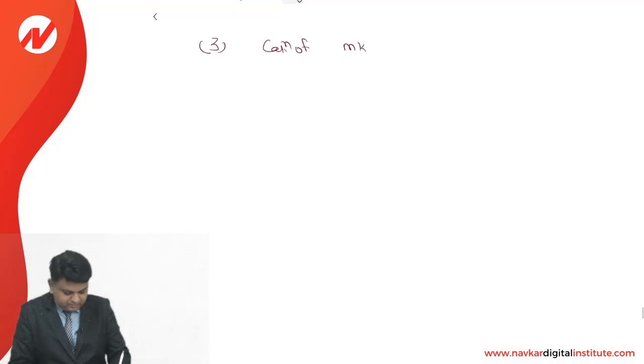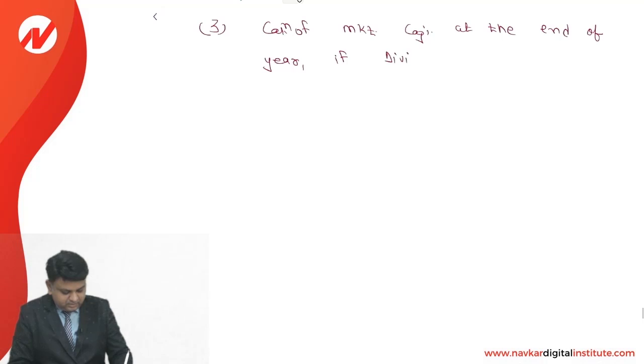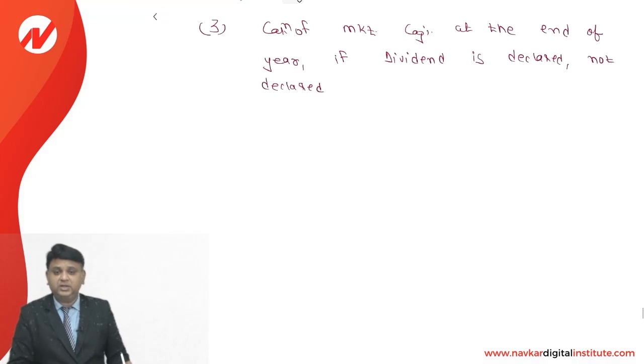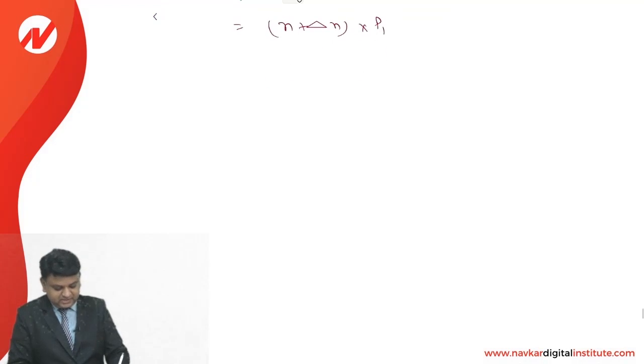Calculation of market capitalization at the end of year, if dividend is declared, not declared. So let us see how to make the calculation of answer. It's very simple. N plus delta N, that is change in the number of shares, into P1. That is the way we are required to find the answer.